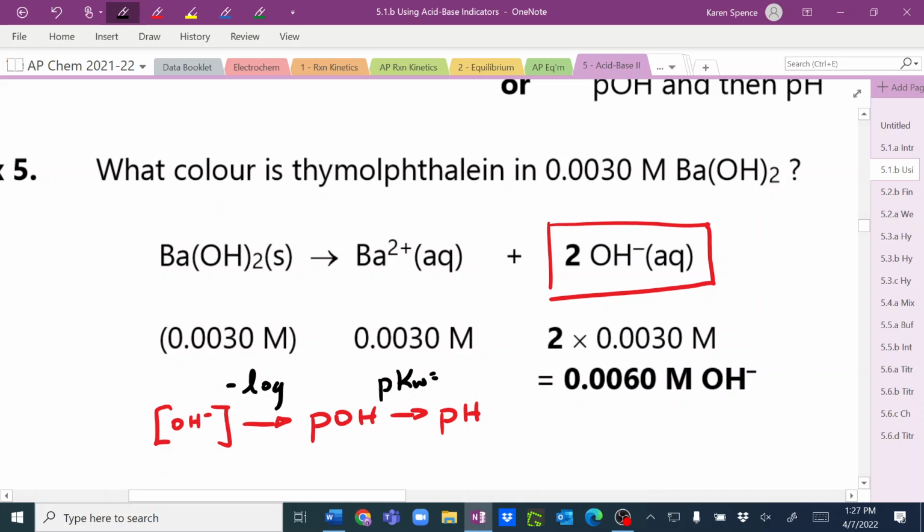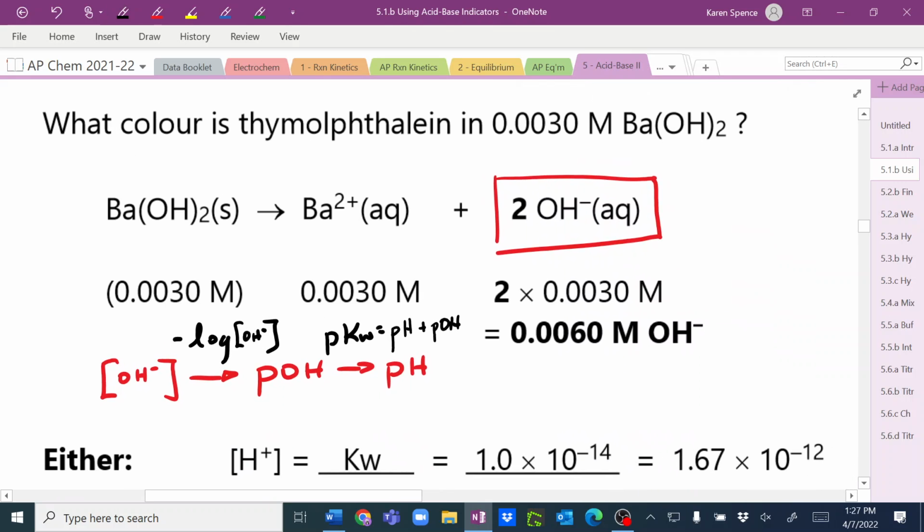What does pKw equal? pH plus pOH. Just making sure we all remember those. Now, what is the other route that you could go?